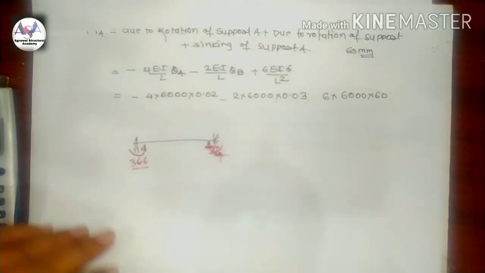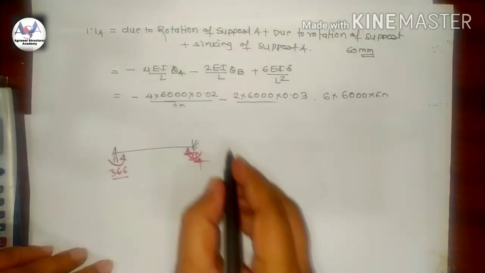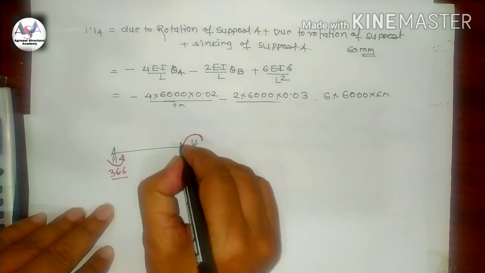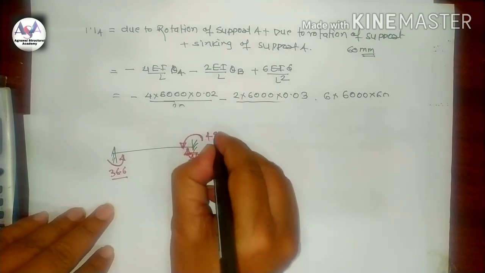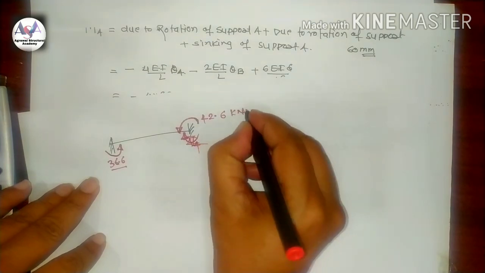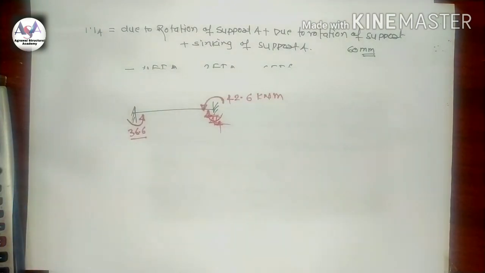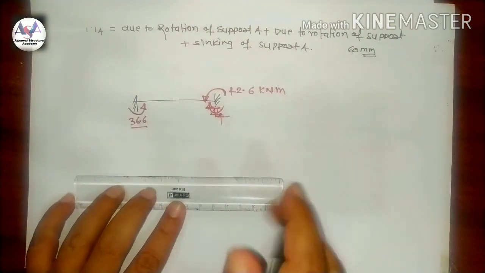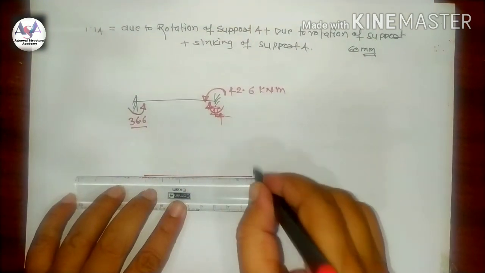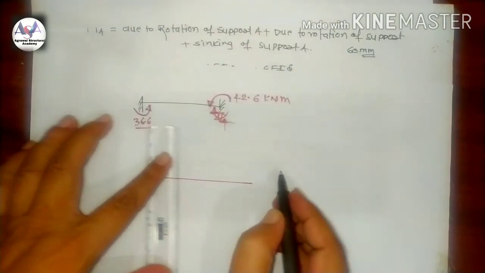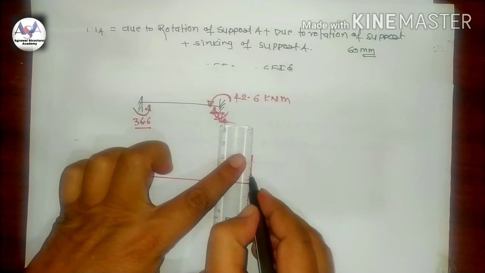So your answer is plus, sagging, 42.6. So the BMD is like this: hogging bending moments are below the line, sagging above the line.